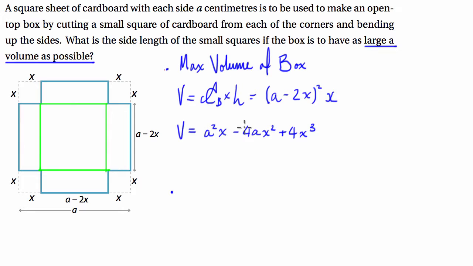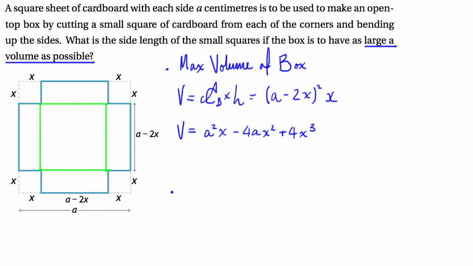That's our equation for the volume of this box in terms of x, because A is going to be a constant. We're not using any specific side length here, we've just got a coefficient as our side length. So we're going to be working out x as a proportion of the side length A.